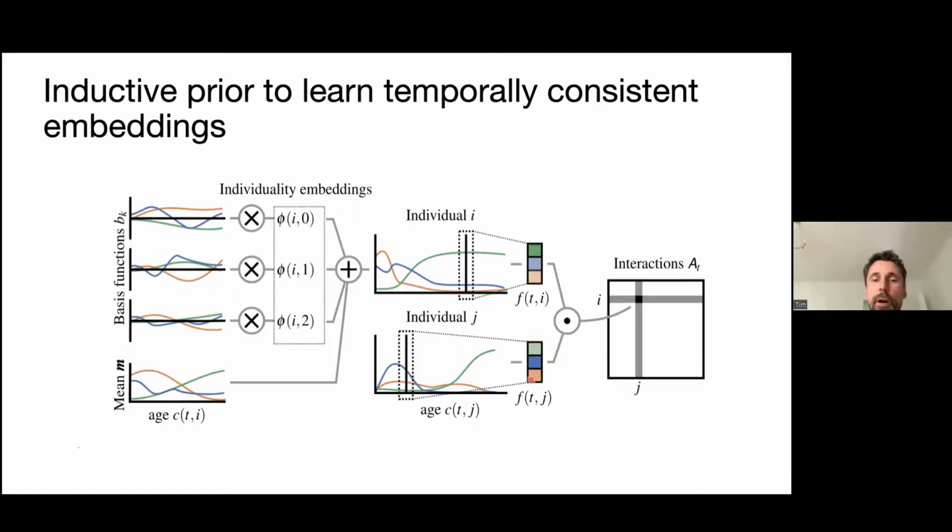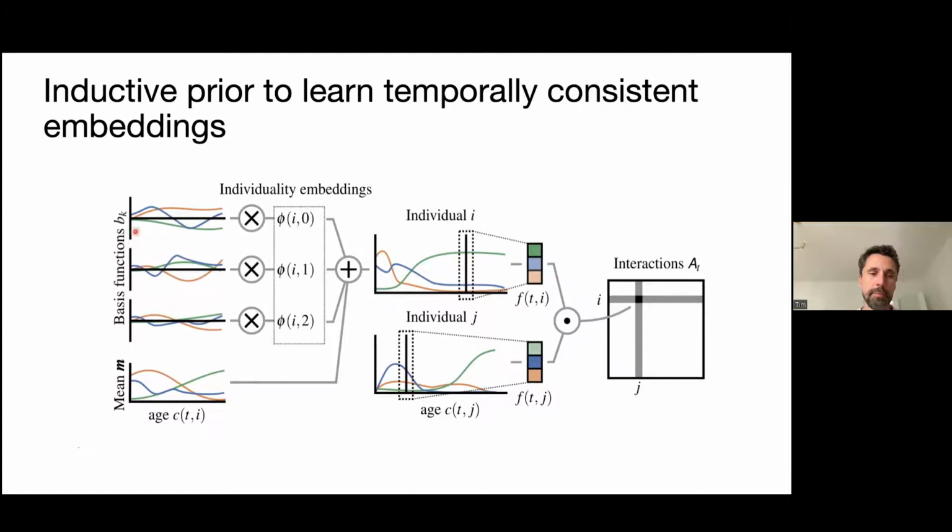Yeah. Now, the underlying model that we train is based on two components. One is a mean embedding, like mean curves for these three values that are learned, and so-called basis functions, so deviations from this mean development.